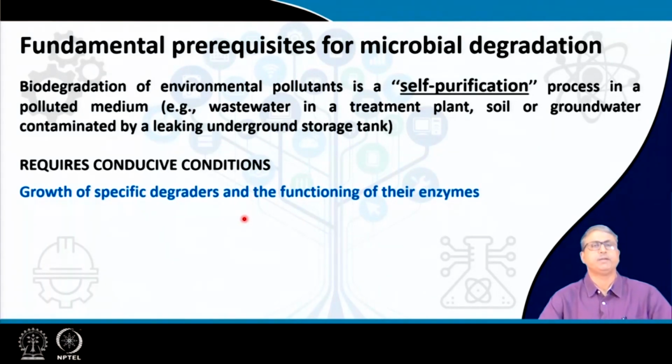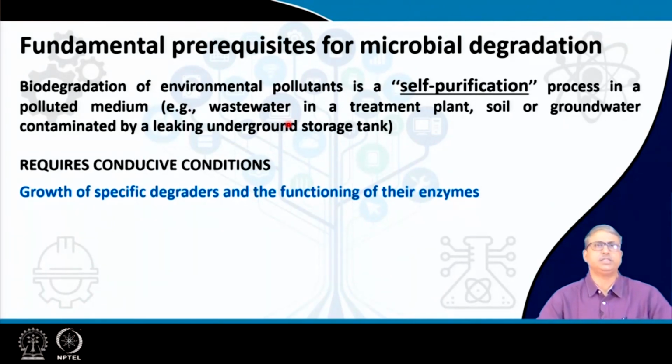the pollutants. Now, one of the fundamental prerequisites for this process is the understanding that biodegradation of environmental pollutants is a self purification process by nature in a polluted medium. So, any kind of polluted environment will have this self purification process set in by virtue of the microorganisms, bacteria, archaea, fungi.